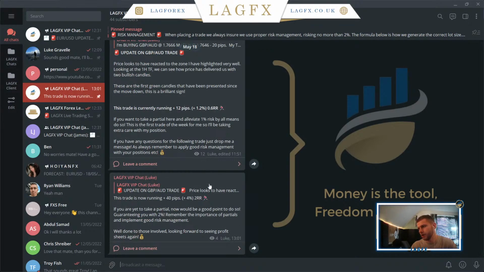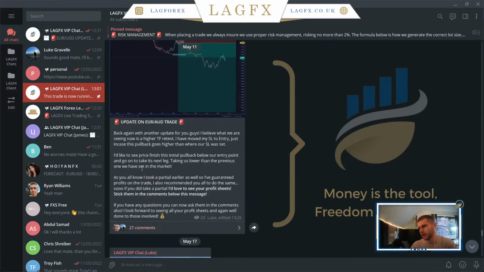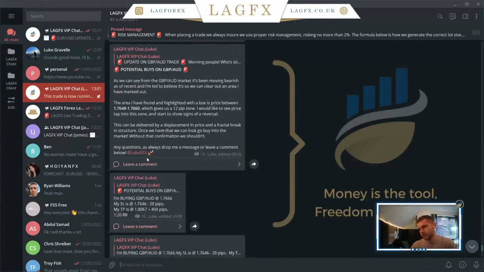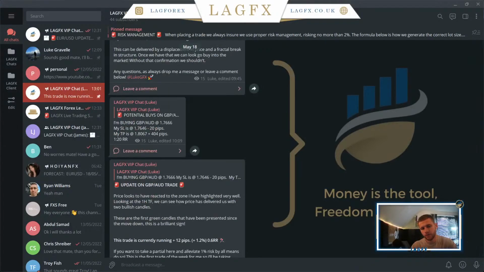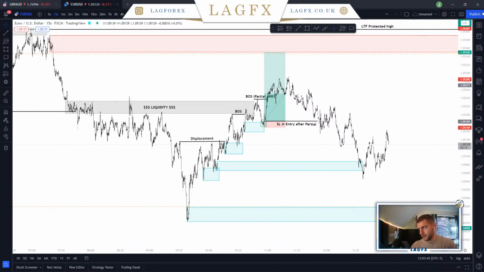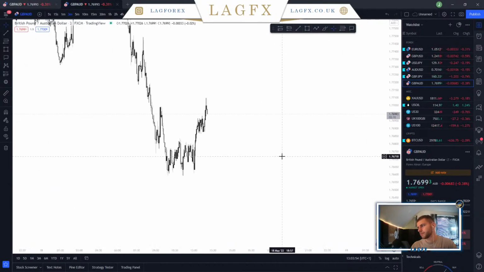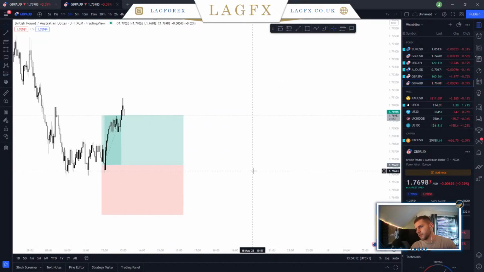Worth noting that Luke himself placed a trade on the Great British Pound to the Australian dollar, so we can actually get that up. He bought at 17666, which would be right here by the looks of it.